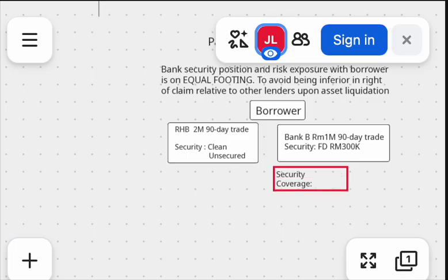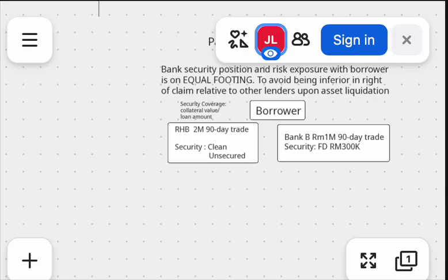Security value divided by loan amount. So the collateral value divided by the loan amount, right? So we learned that before. Good.